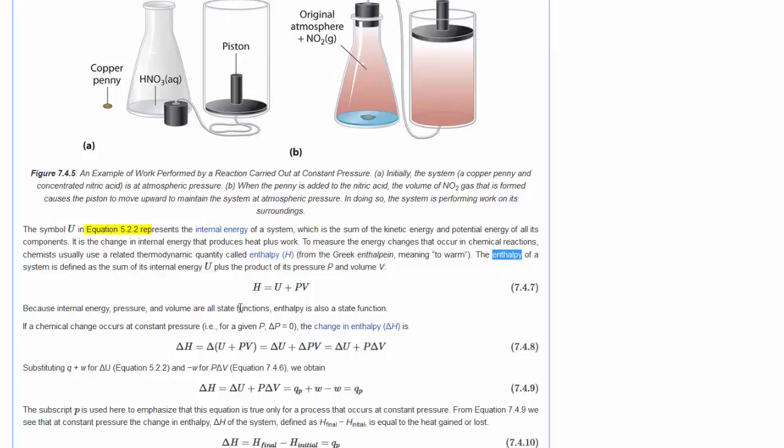The enthalpy of the system is U, the internal energy, plus the pressure volume work. And these are all state functions. Remember, state functions are things that don't depend on path. They don't depend on how you got there. They only depend on the beginning state and the end state.